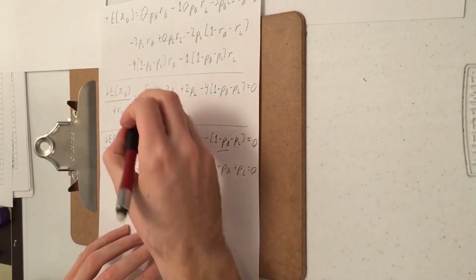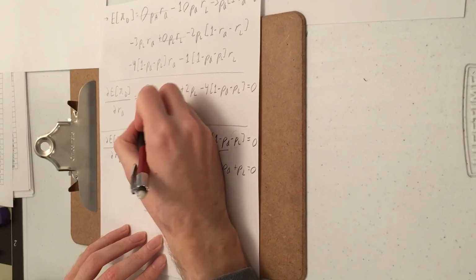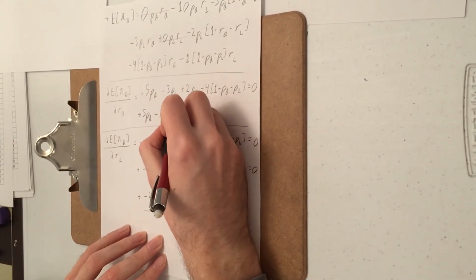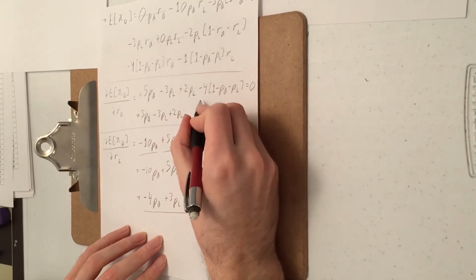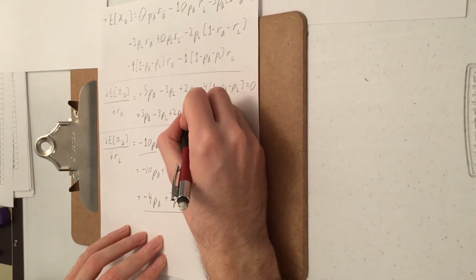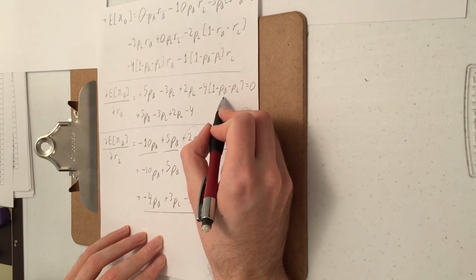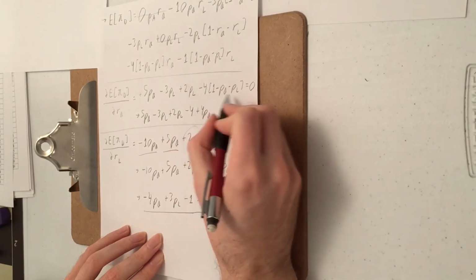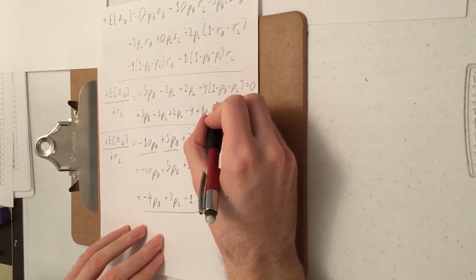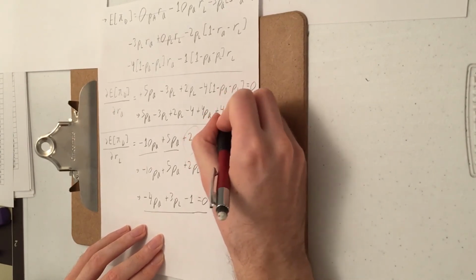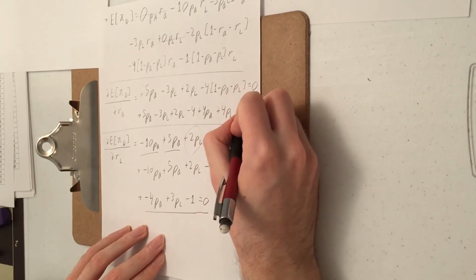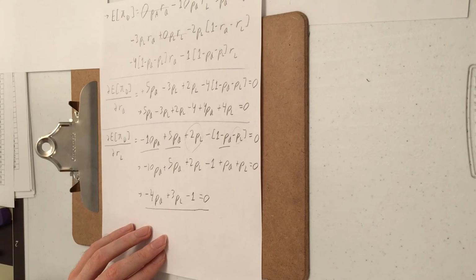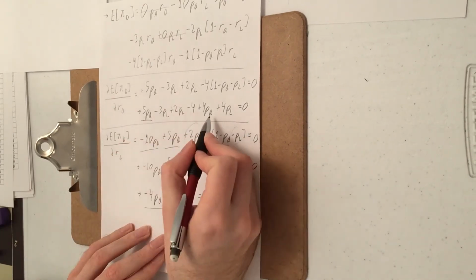Let's expand our top equation here. 5 PA minus 3 PL plus 2 PL. Minus 4 times 1 is minus 4. Minus 4 times minus PA is plus 4 PA. Minus 4 times minus PL is plus 4 PL. And all that equals 0. Combine PAs.